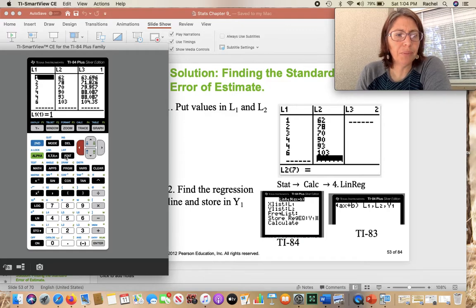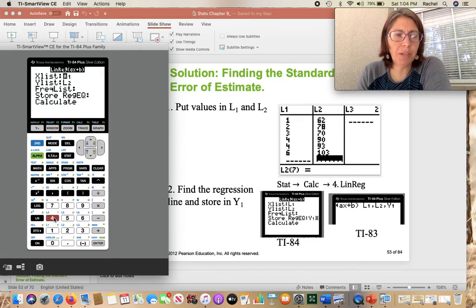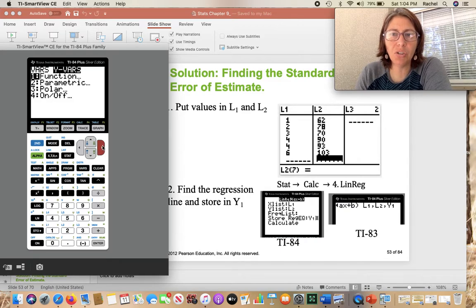So let me go to stat, over to calculate, and hit number 4, LinReg AX plus B. Now, I know that TI-83s, yours don't look like this, but you are going to have to put a y1 next to this. So this is how we get it. We're going to go to vars, over to yvars because it's a y equation. We hit enter on the function, and we have a whole list. Let's store it into y1, so just hit enter. So that's where we get y1.